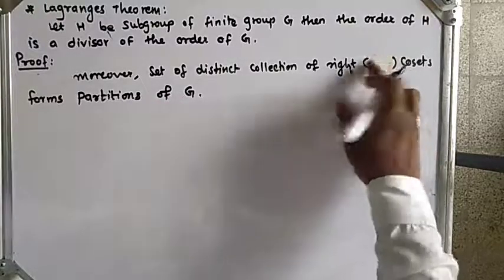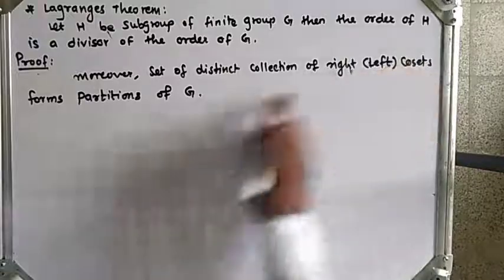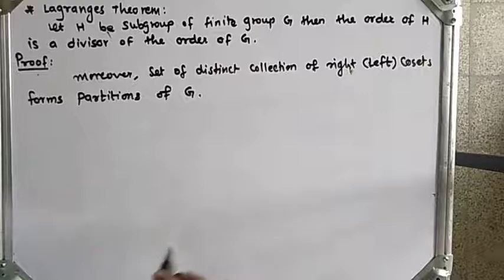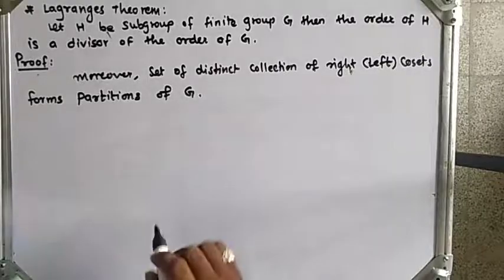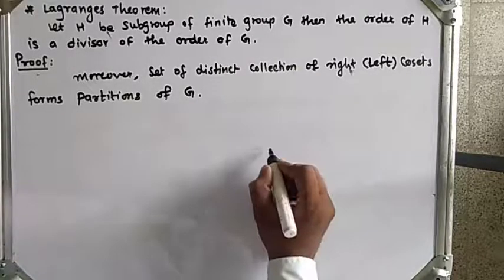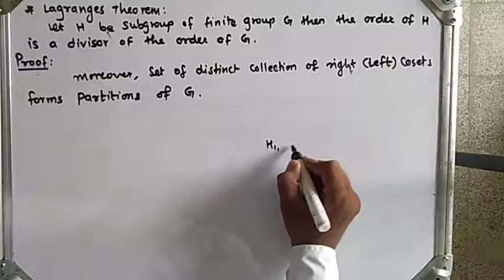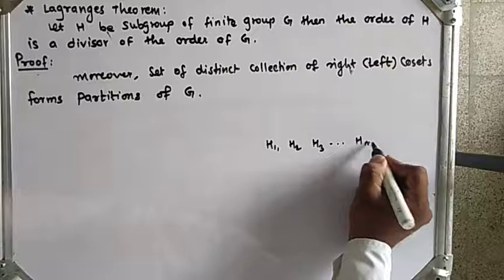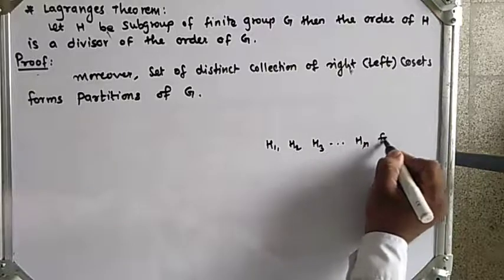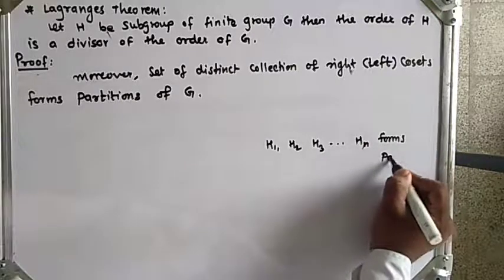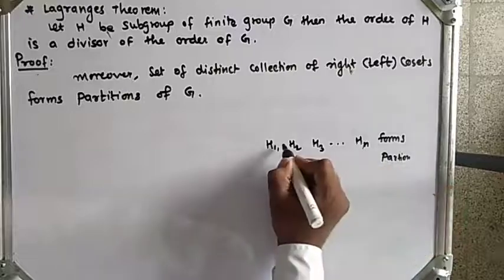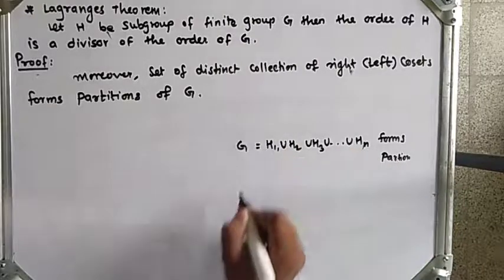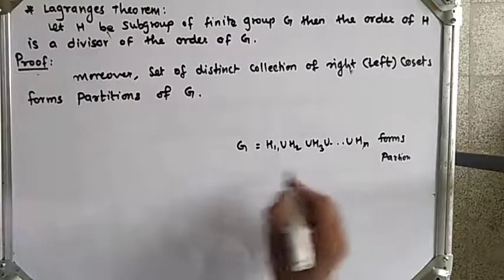Forms a partition means, suppose we have n cosets, h1, h2, h3 up to hn, then their union is the whole set G and their intersection will be empty.